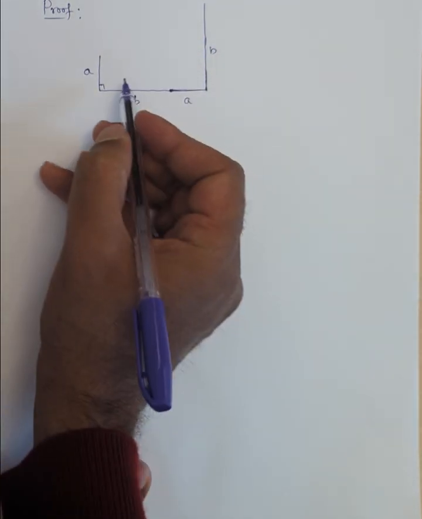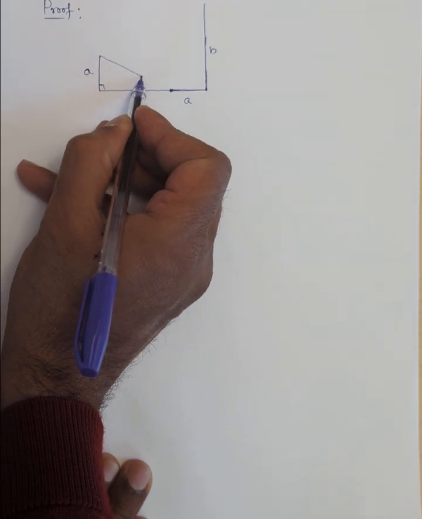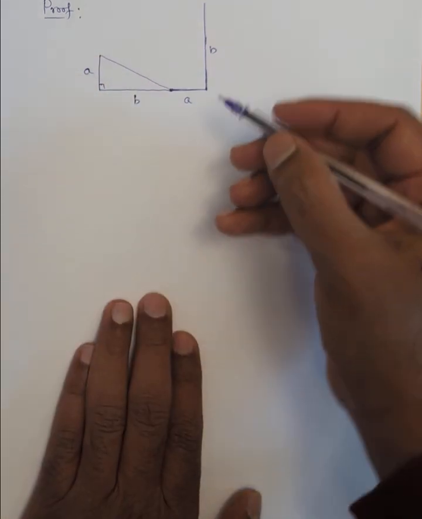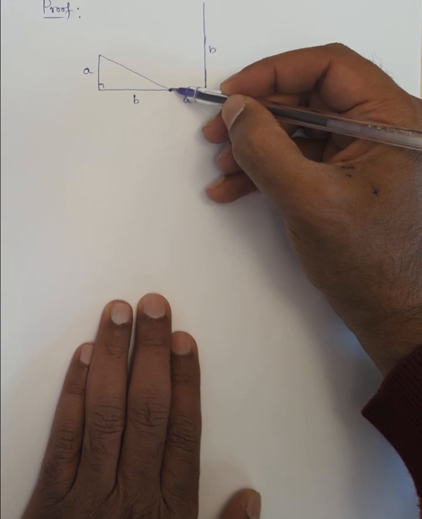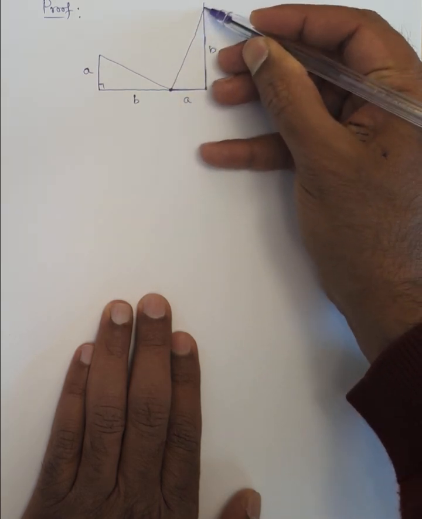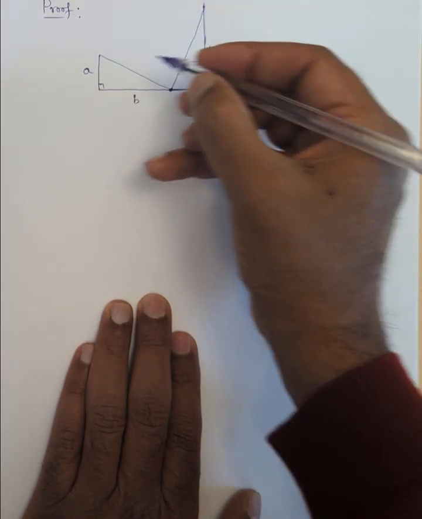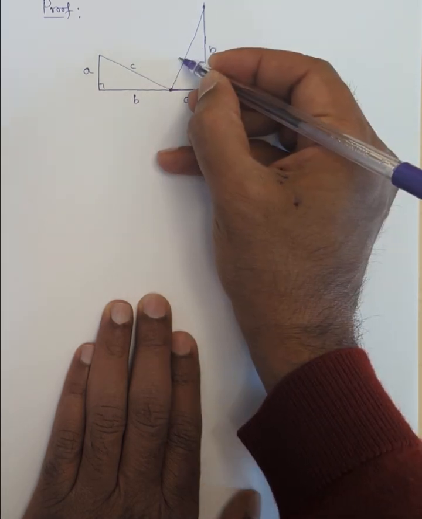Then notice, if I join this point with that, and this with that, this is going to be C and that's going to be C.